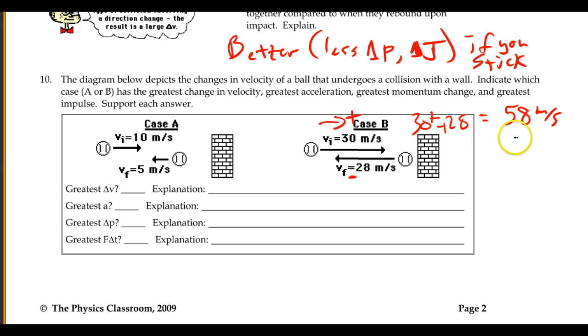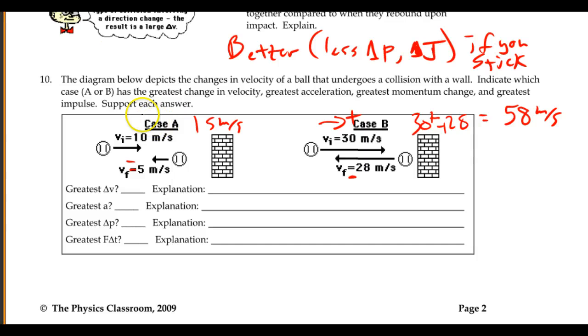That's a pretty large change of velocity. This one, 10 to 5, well, it seems like it's only 5, but again, it's 10 minus a negative 5, which gives us a change of 15. Now, at first it's like, well, there's not a big difference in case B. It doesn't seem like much, but that's a very significant change in velocity and therefore a very significant change of momentum.